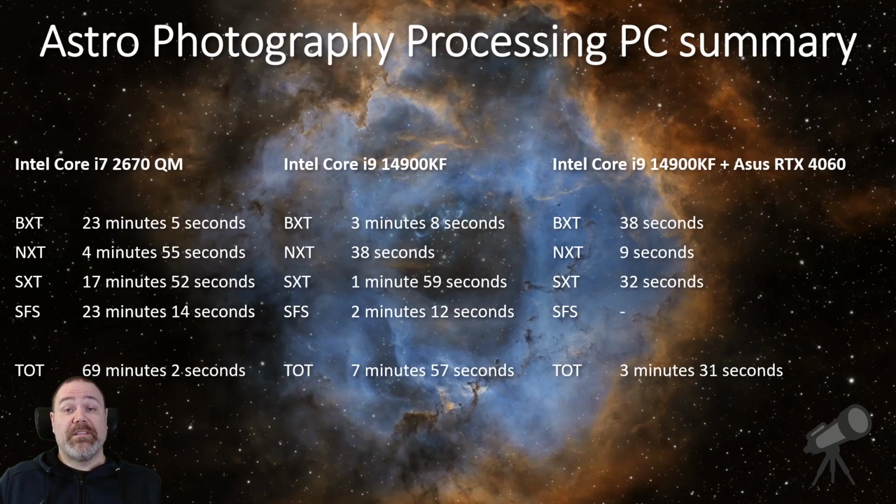The total processing time for these 3 processes and for subframe selector is 69 minutes and 2 seconds on my old computer, down to 7 minutes 57 seconds on my new Core i9, and using my RTX 4060 graphics card, it took only 3 minutes and 31 seconds to complete.